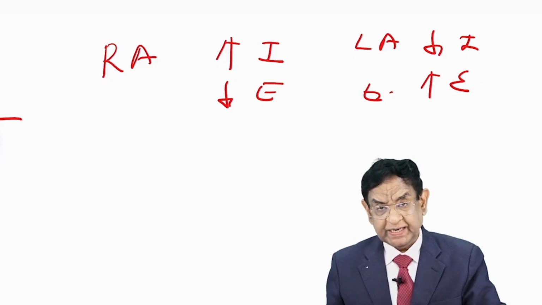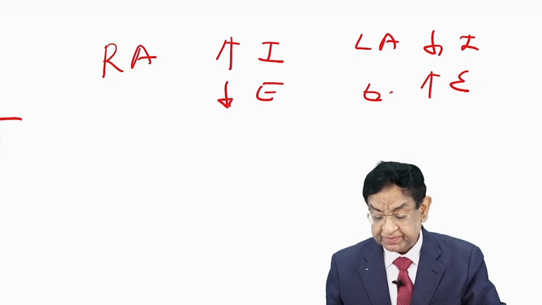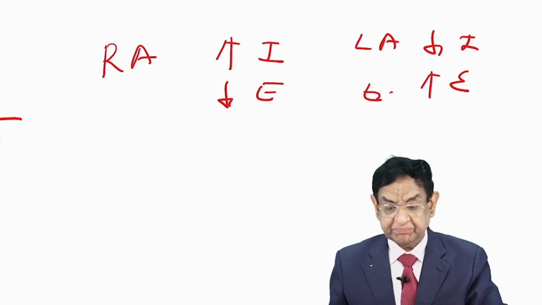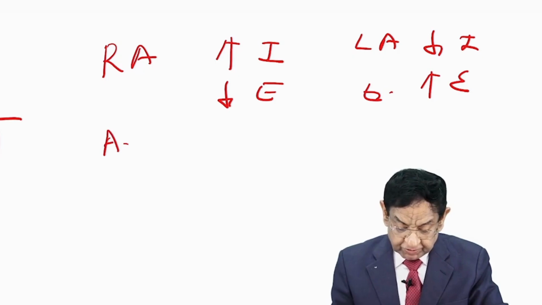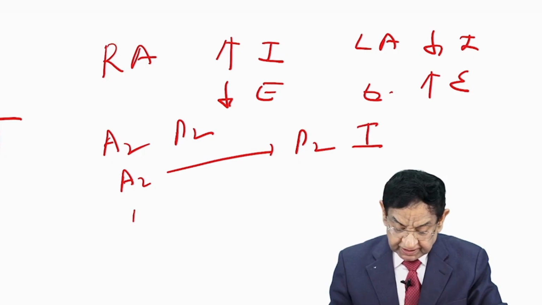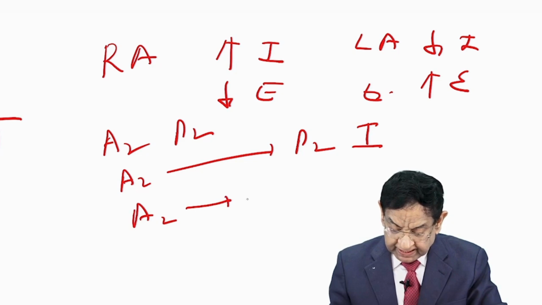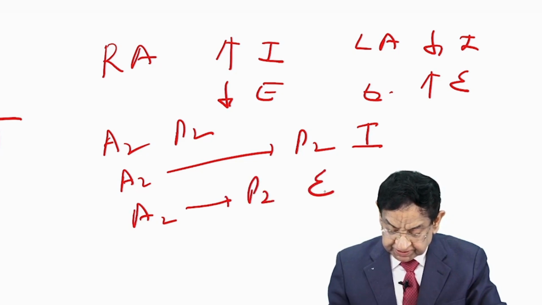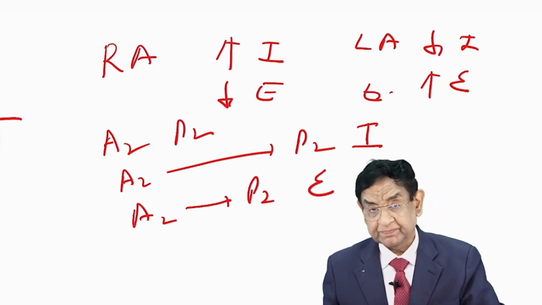So that's why in a normal person, when the person takes a deep inspiration, the A2 P2 interval increases in inspiration. The A2 P2 gap is reduced in expiration. This is normal.